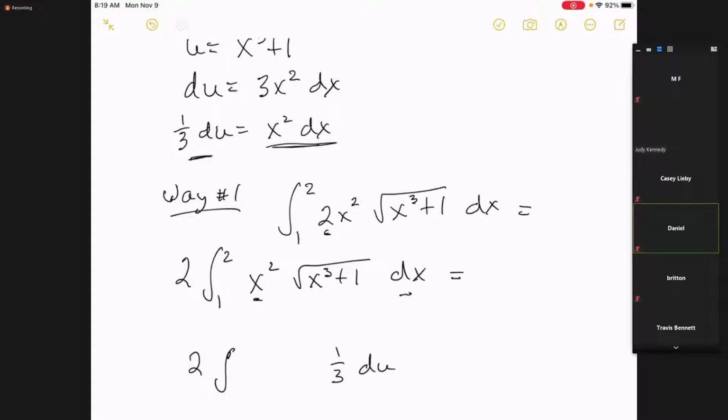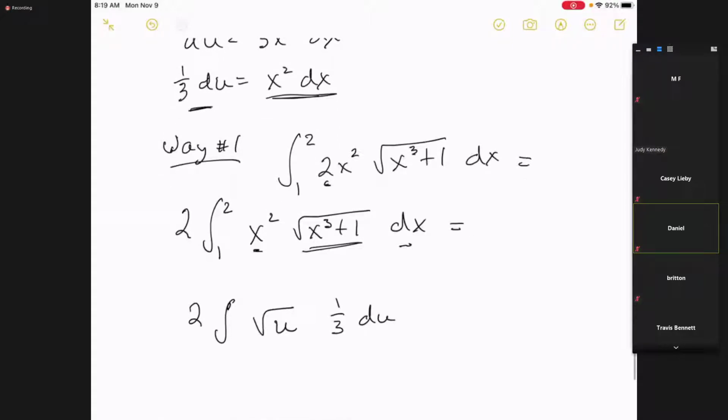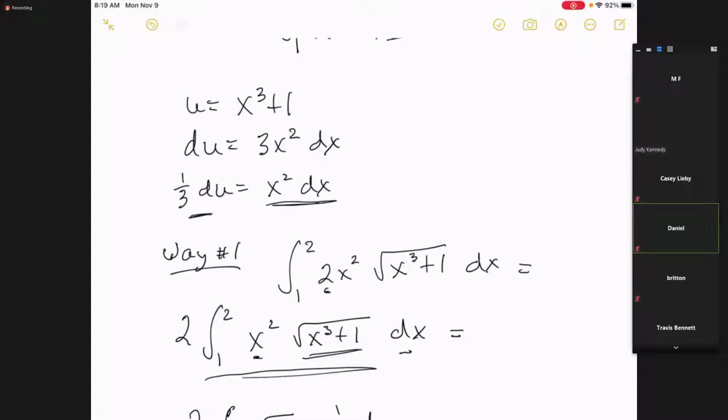And that square root becomes the square root of u, because u is x cubed plus 1. Now, when I changed my variable, my endpoints changed. I'm integrating over the interval where x's are all between 1 and 2. Well, the u's aren't.